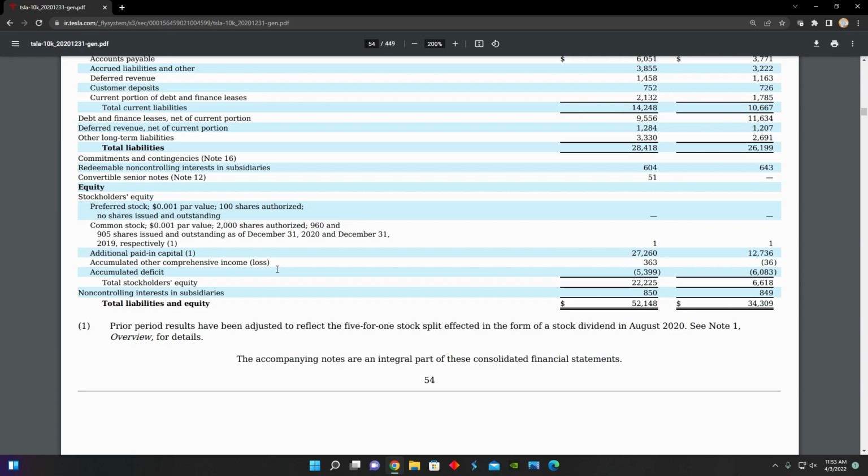And so right underneath that, we see accumulated other comprehensive income or loss. What this basically is, it includes all of the unrealized gains and losses reported in the equity section of this balance sheet. And then, there's a statement that says other comprehensive income in the financial statements, which I might make a video about in the future.